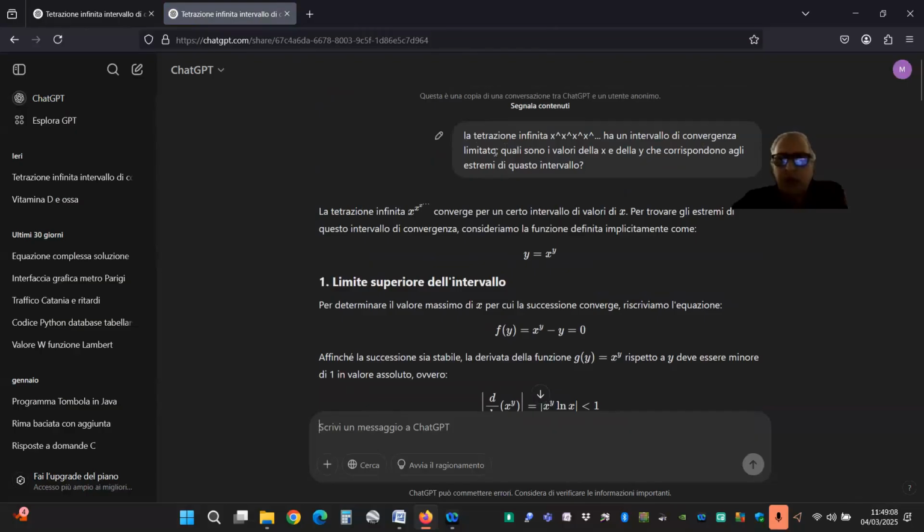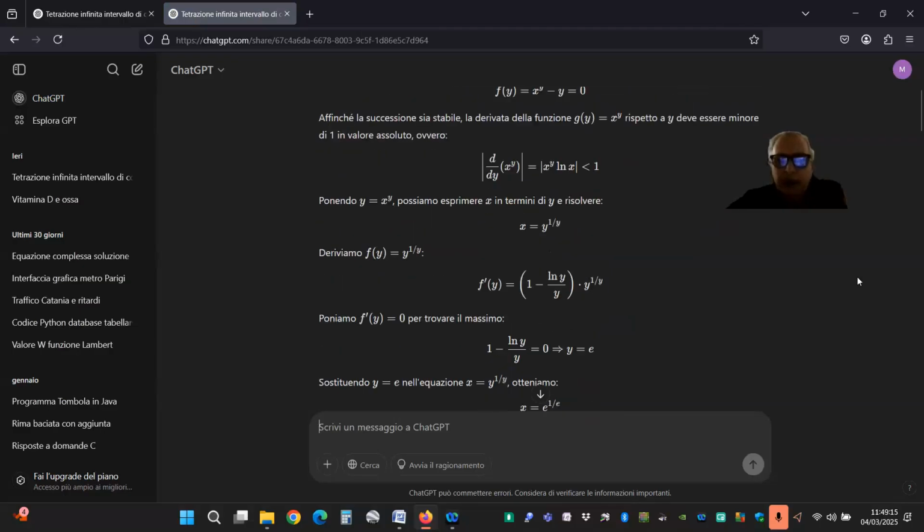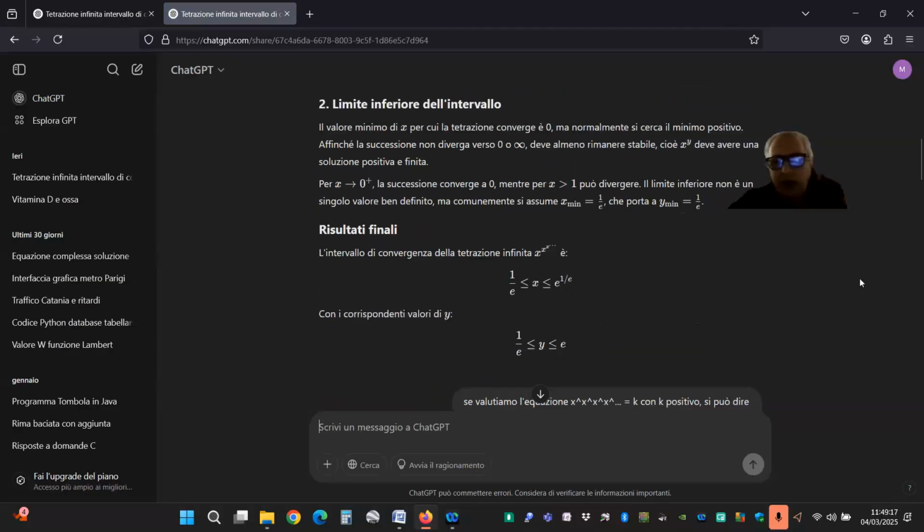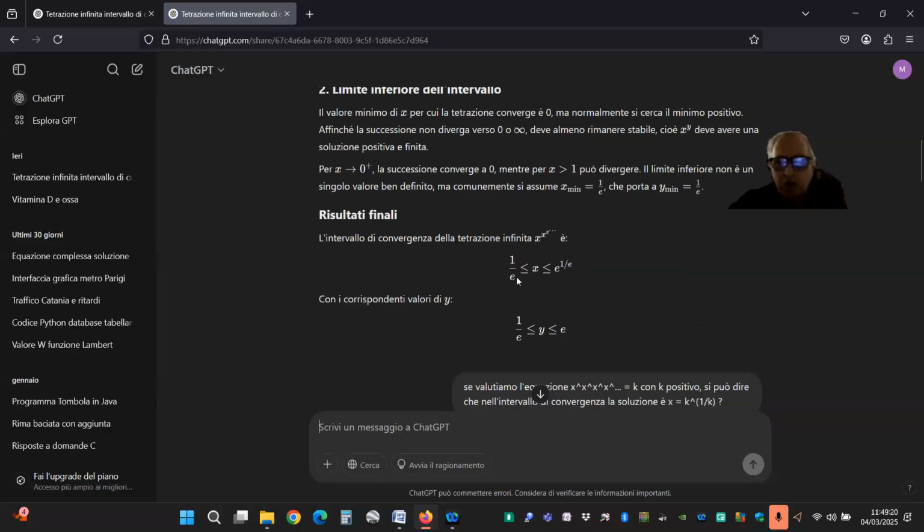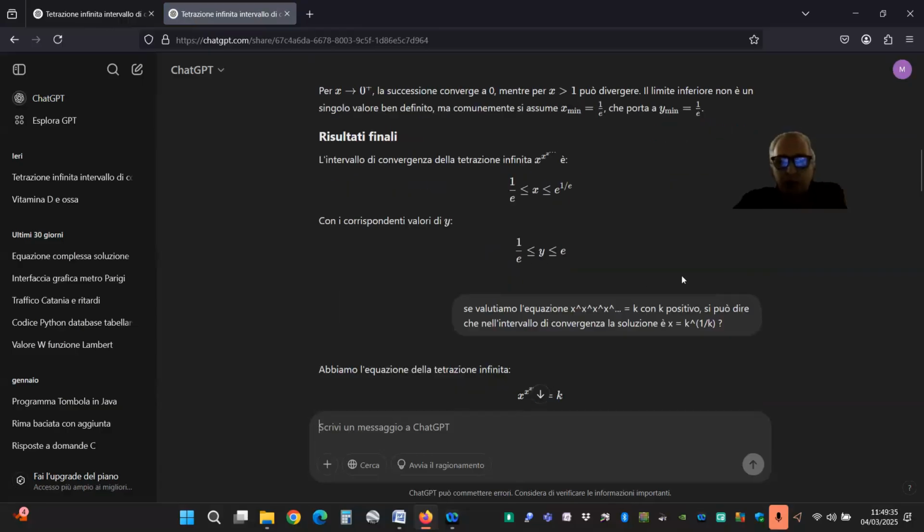It has a limited interval of convergence. What are the values of x and y that correspond to the extremes of this interval? All good, but in the final result, you see that it gives me a different result. For the minimum limit, it gives me 1 over e and not e raised to the power of -e. It's slightly higher, that is, the interval of convergence is narrower, according to ChatGPT.